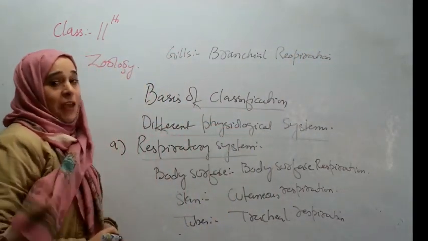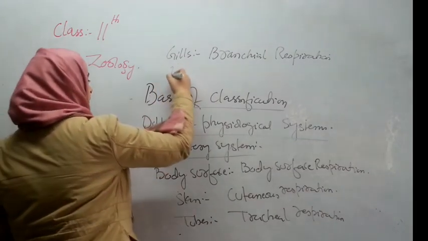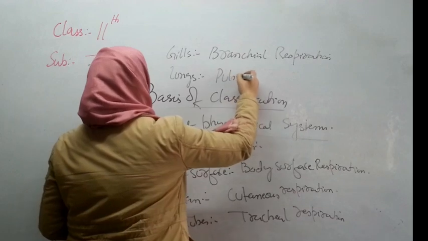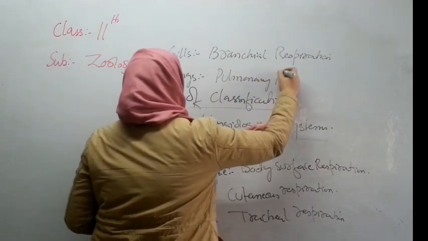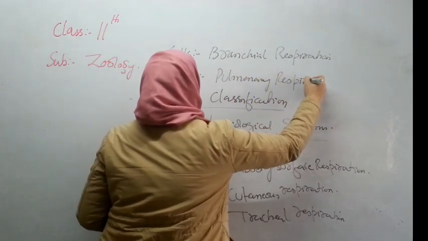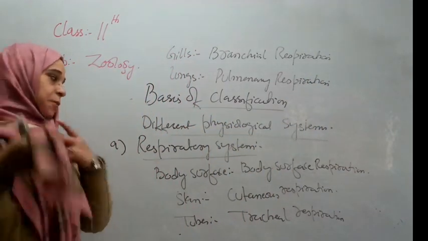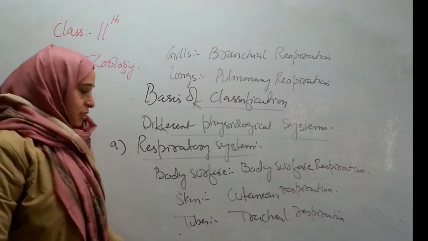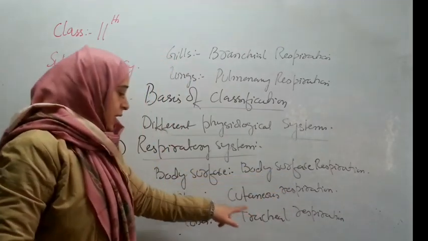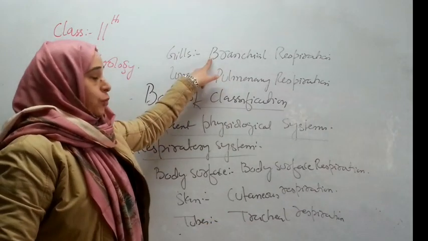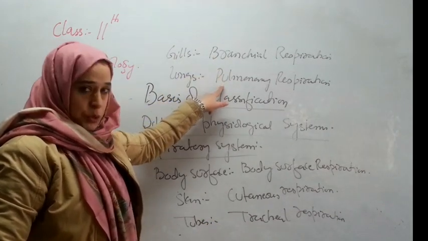There are certain animals which respire through lungs, and that is known as pulmonary respiration. Students, that means we have different types of animals. Some possess body surface respiration, some cutaneous respiration, some tracheal respiration, some branchial respiration, and some pulmonary respiration.